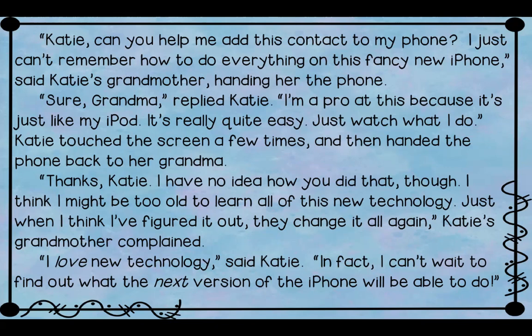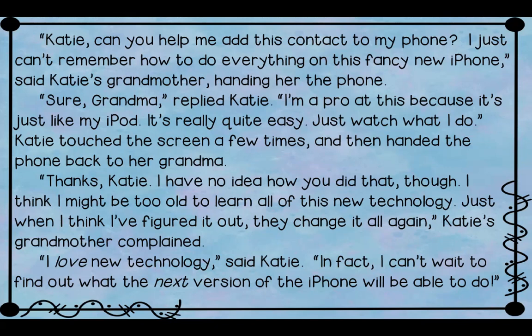What does she say that proves that her perspective is she doesn't like technology? She says, I think I might be too old to learn all this new technology. Just when I figured it out, they change it again. And then it says Katie's grandmother complained. So she's complaining about all the new technology and she feels like she's always behind, right?